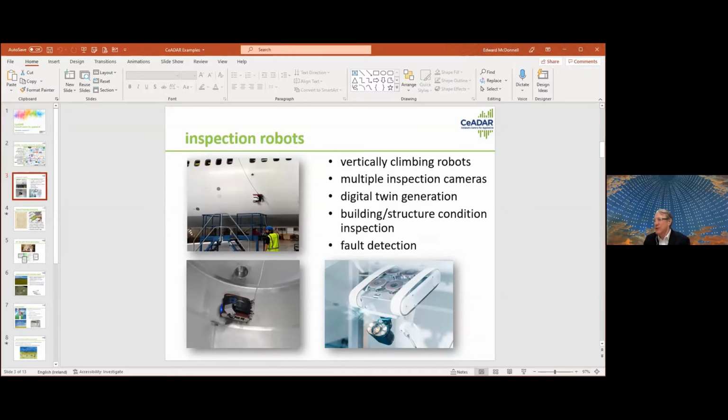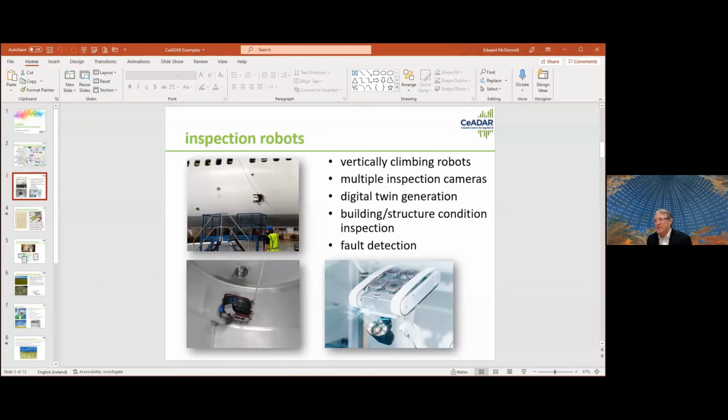So this little robot, which you can see there climbing over the fuselage of an aircraft, not only is that very clever in itself, that it magnetically attaches itself to the fuselage, but it also has, as you can see in the lower right-hand corner, a high-resolution camera with lights on it. So what the little robot does is it goes round and round the surface.